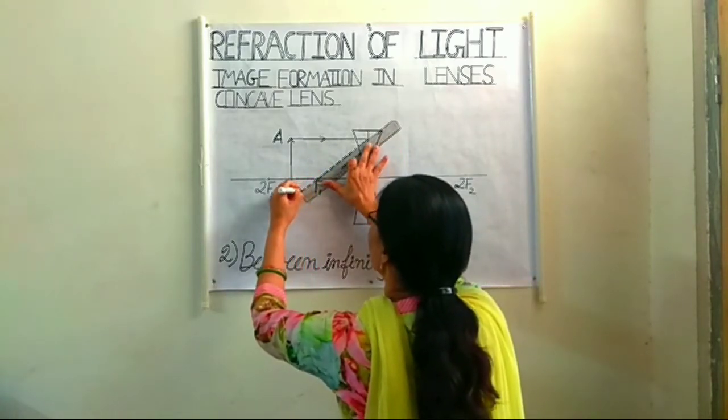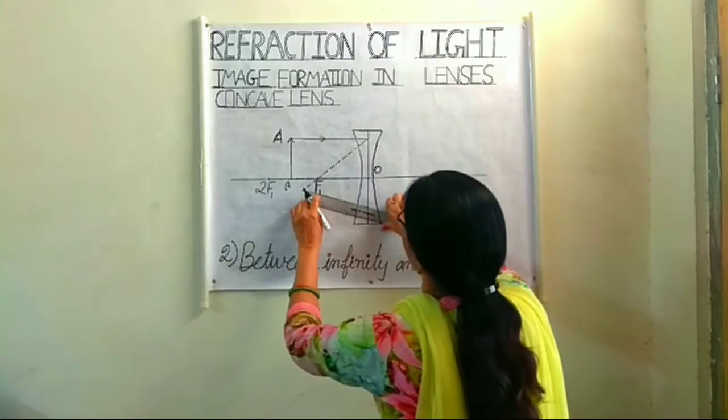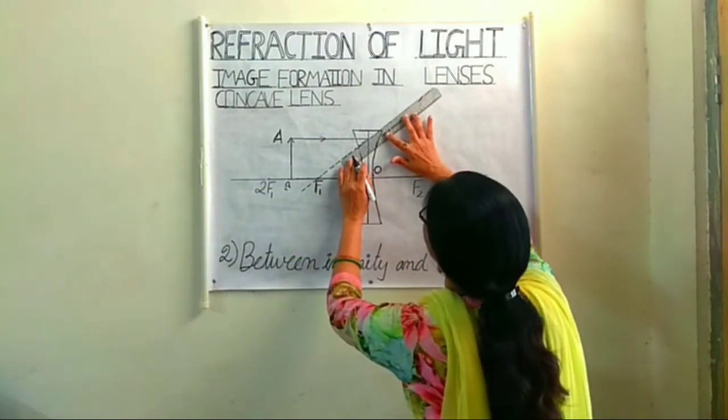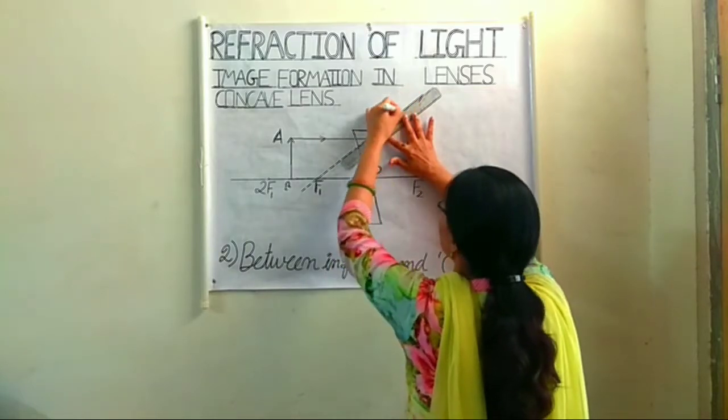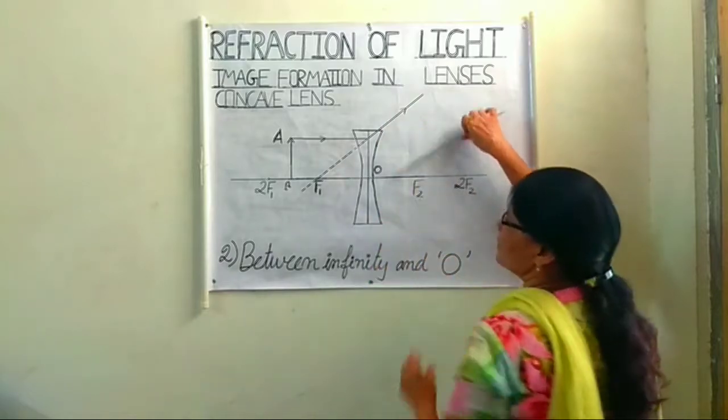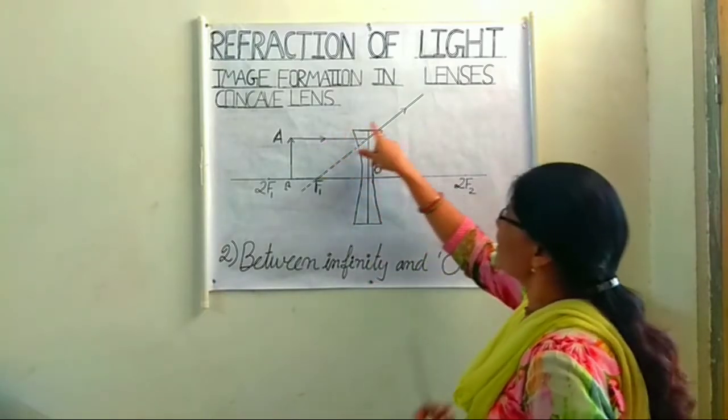So the refracted ray is passing through the principal focus, and we have to extend this refracted ray on this side also. Let us put an arrow like this. This is our incident ray and this is our refracted ray. This is the first rule.